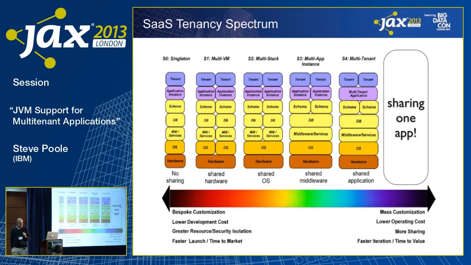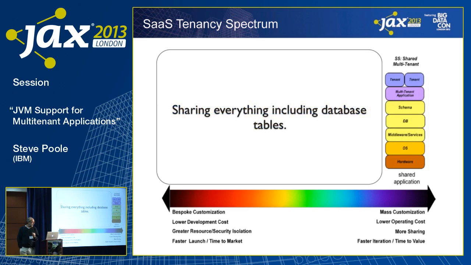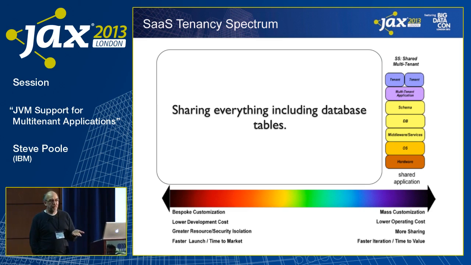There's a multi-tenant one, and this is where you're sharing one application. This is a stack where at the top you've got one application. So this is where we play. This is where the VM comes into position. This is the JVM sharing one application, being shared and provided to users as if they were multiple applications. And there's actually one even higher than this, which is the sort of nirvana at the moment, where you have one application providing in a multi-tenancy mode, and even the database tables are being shared.